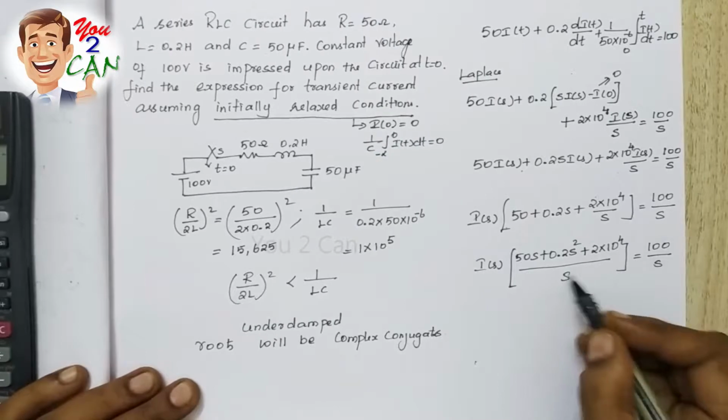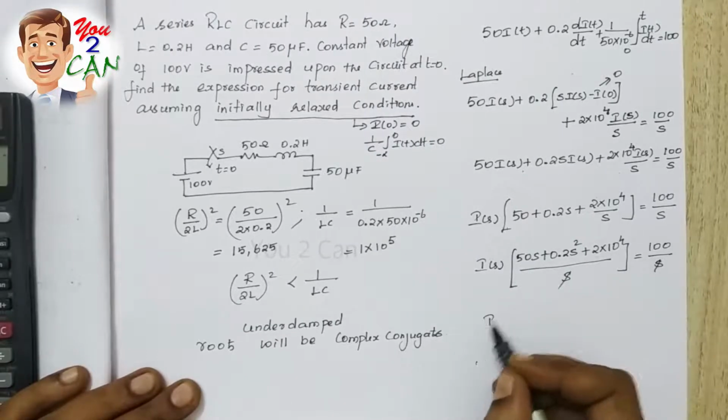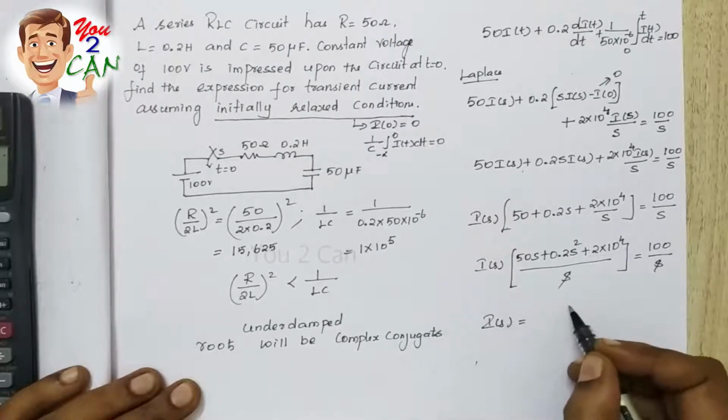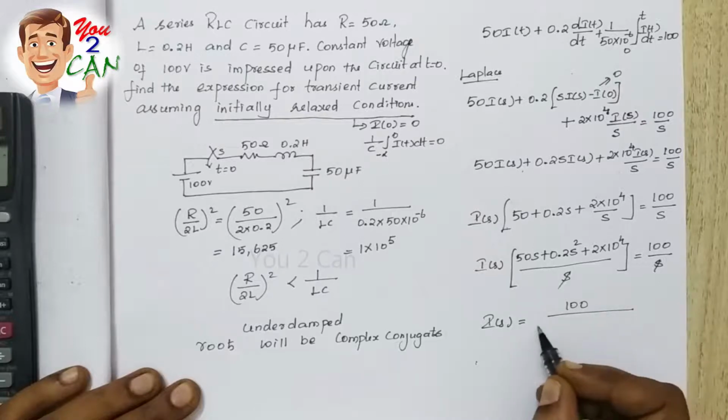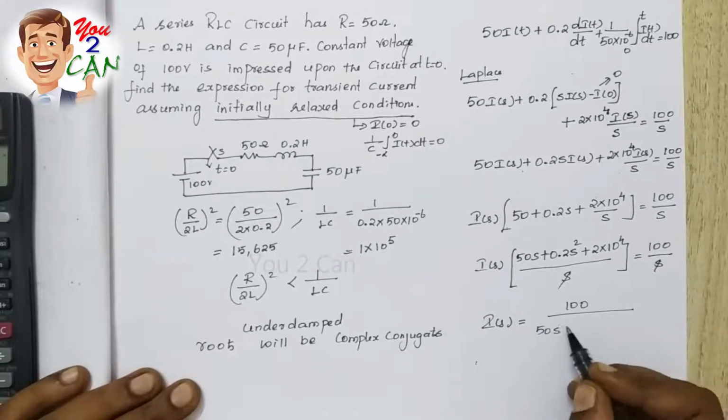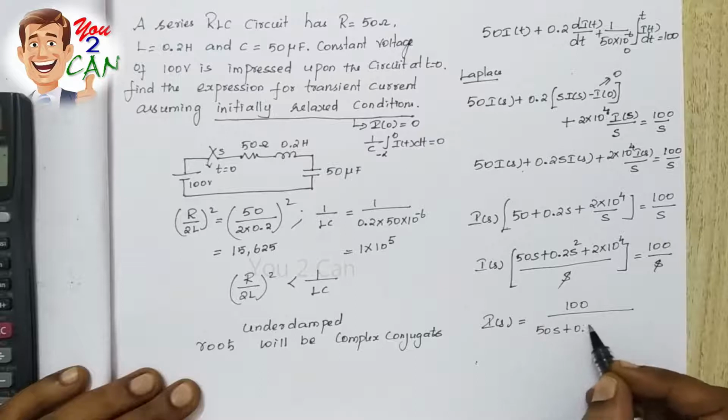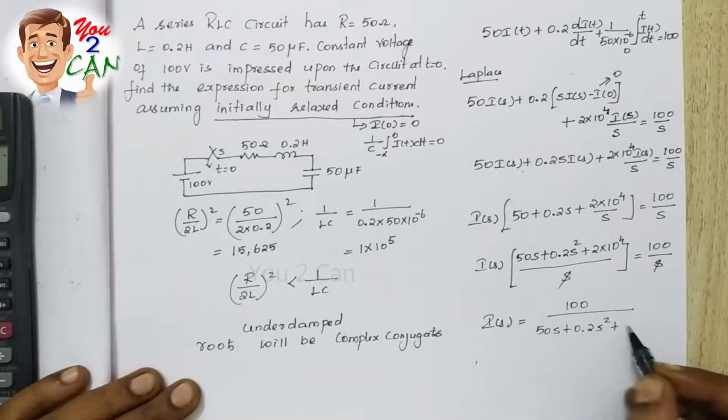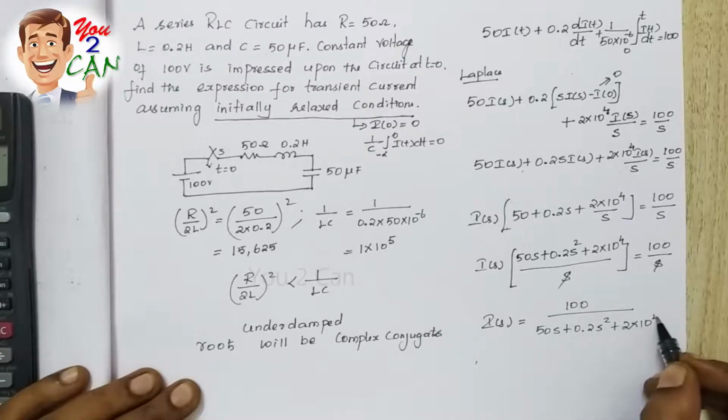Here s gets cancelled. So I(s) is equal to 100 divided by (0.2 s squared plus 50s plus 2 into 10 power 4).